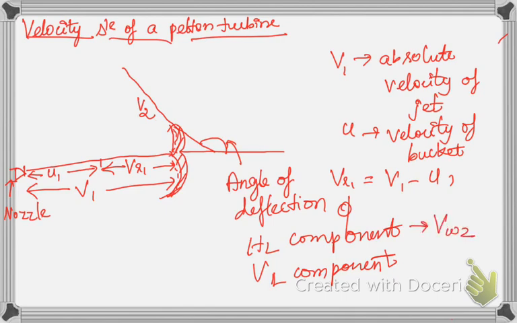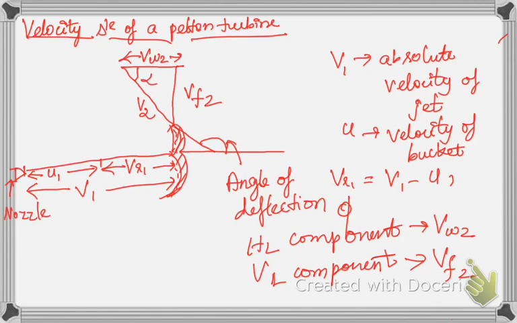V2 is subdivided as VW2, and the vertical component will be the velocity of flow. Because it is a horizontal component, I am drawing it like this, which is VW2, and there is a vertical component which is my VF2. When it is there, you will have an angle alpha.